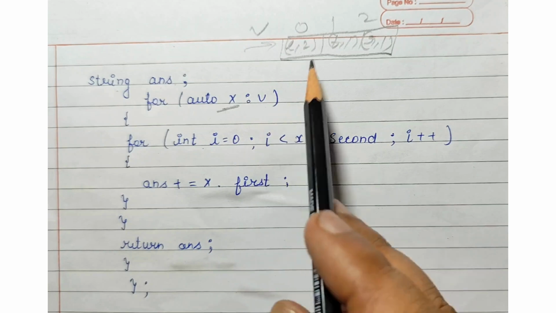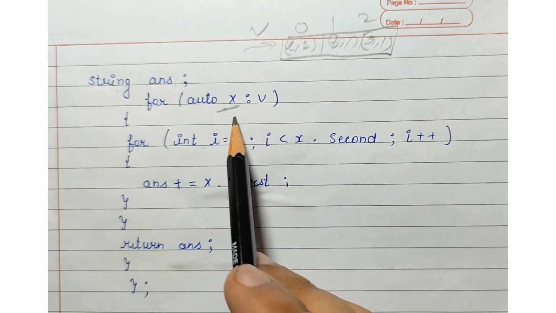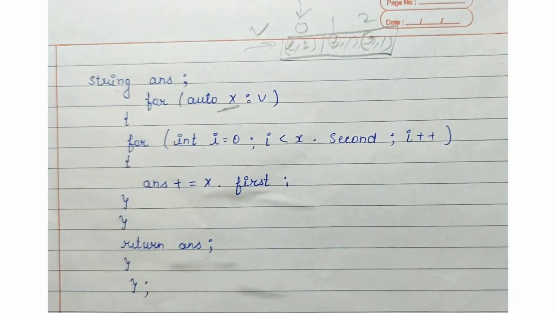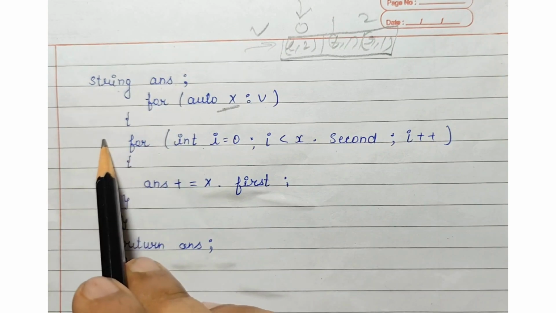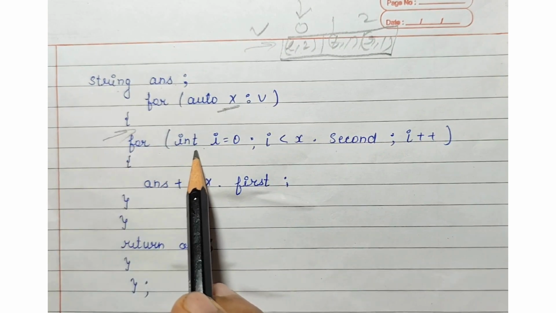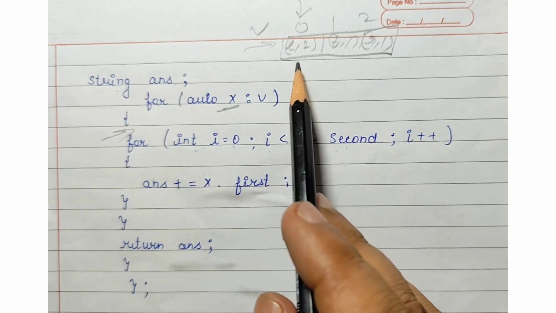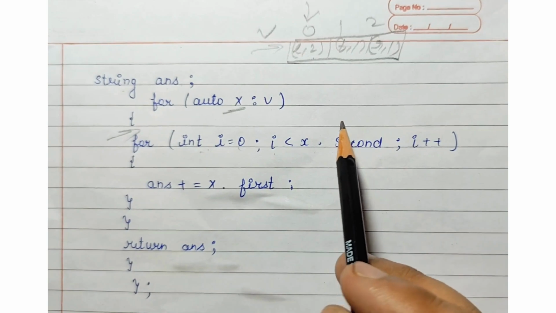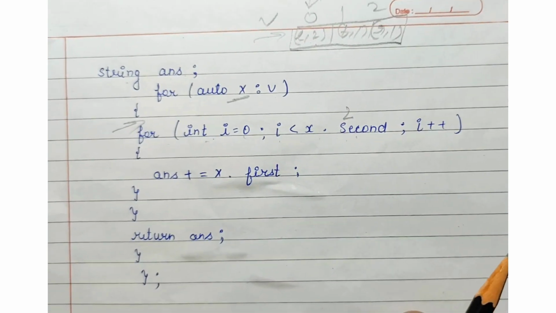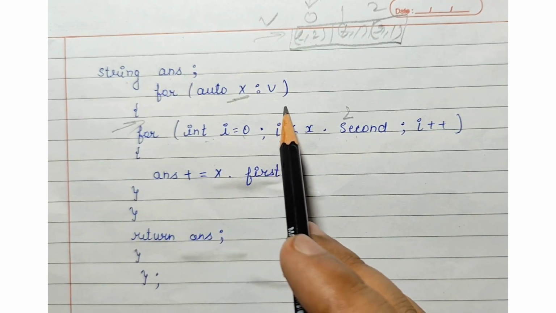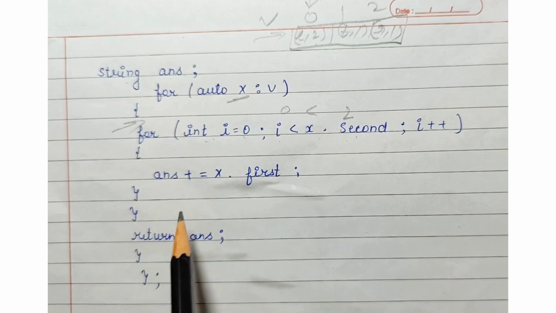We iterate the vector element by element, so first we fetch the first value of the vector. Now here we include a second for loop, i is equal to 0, i less than x dot second. x dot second has a value 2 here. So 0 less than 2, condition true.